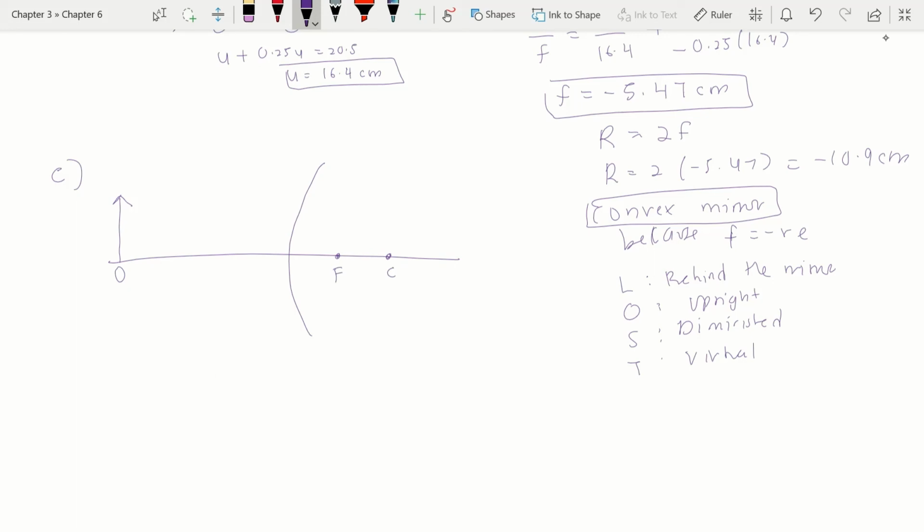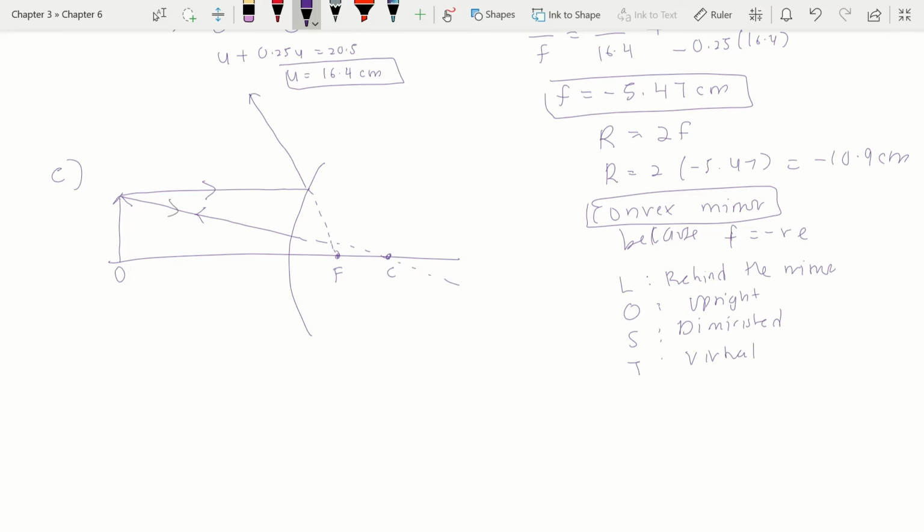My favorite is the ray that travels parallel to the principal axis and passes through the focal point. When it passes through the focal point, it will reflect back. Another one is the ray that passes through the center of curvature, and is reflected back through the center of curvature.